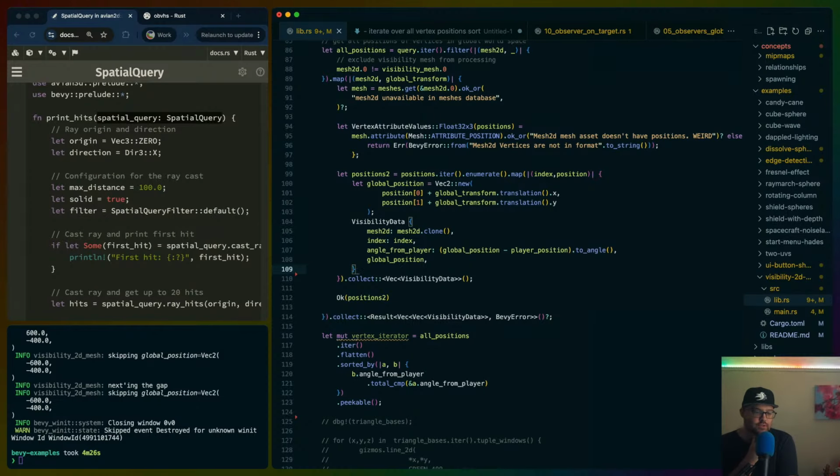I don't think we actually can. So the question will be, if we use Avian's implementation and we're raycasting at an angle for a vertex, can we identify that that is the same vertex or not?